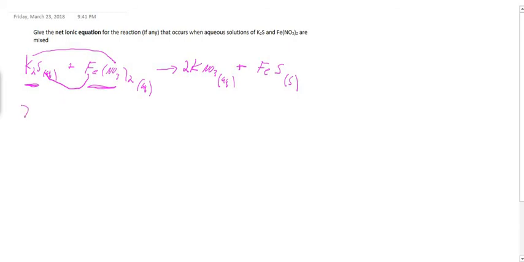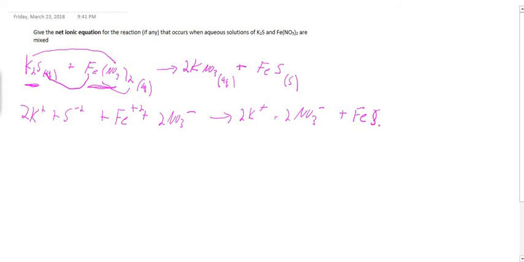And so here I have 2K plus, S minus 2, plus Fe plus 2, that 2 is going to come up in front, plus 2NO3 minus, and that is going to give me 2K plus, I split that up because it says aqueous, plus 2NO3 minus plus FeS, and that is going to be my solid.